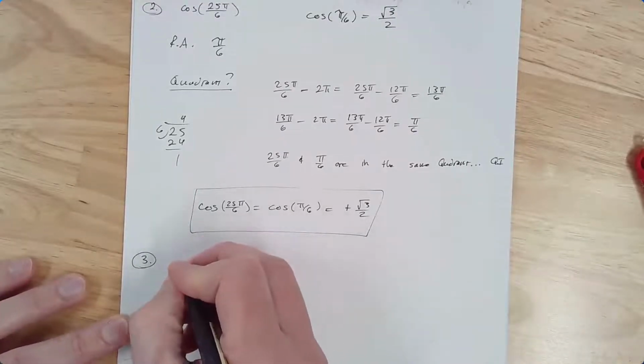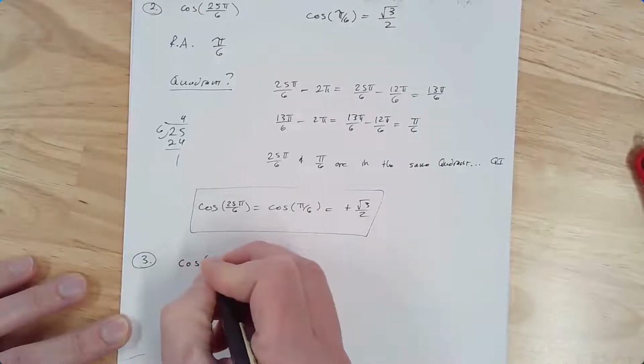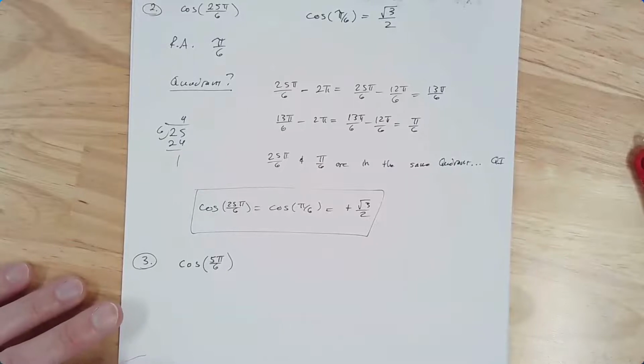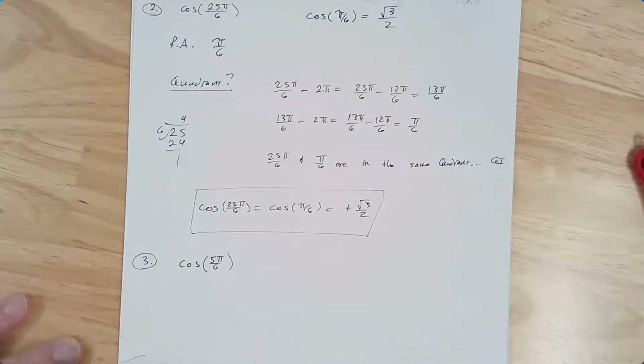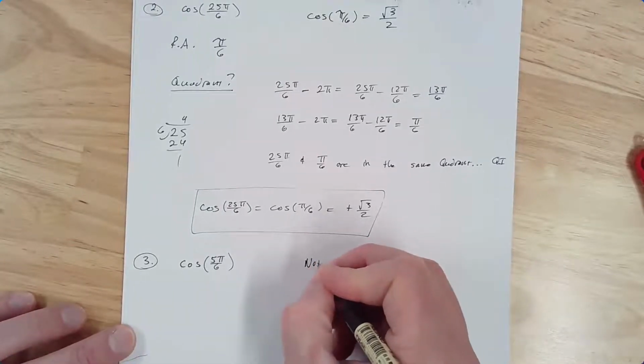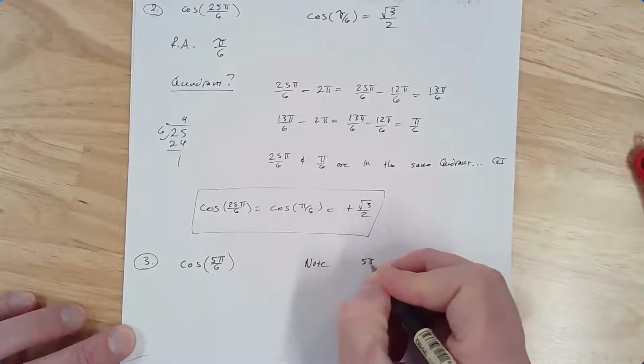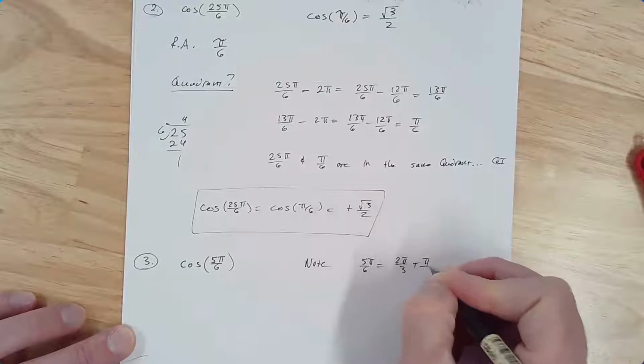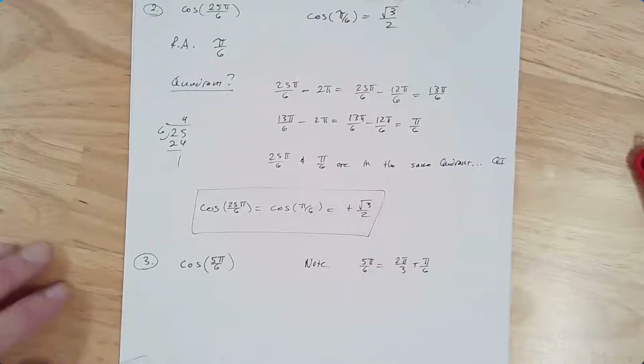I feel like this next question was meant to be something different. So it asks us to find cosine of 5 pi over 6. And it gives us a hint or a note that we don't really need. You can certainly note that 5 pi over 6 is 2 pi over 3 plus pi over 6. It feels like they're indicating that we need to use the angle sum formula, and we don't. We know what cosine of 5 pi over 6 is.